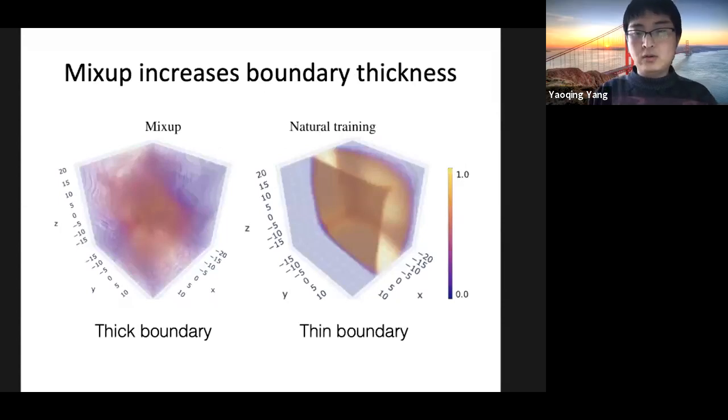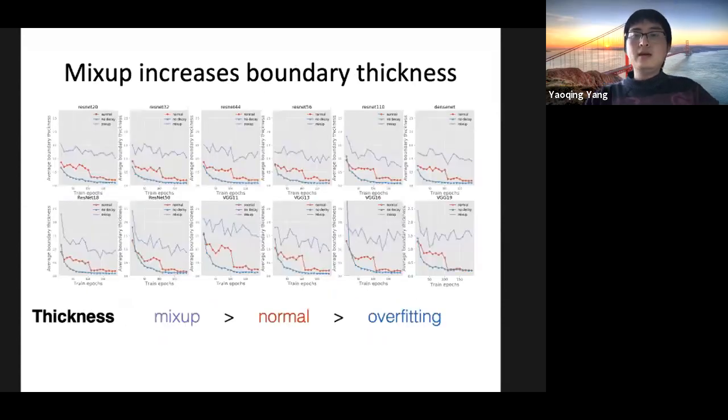Okay. So then I'm going to show you some measurements of the thickness of different neural networks. The purple ones are trained using Mixup. The red ones are neural networks that are trained in a normal way. And the blue ones are those trained without weight decay or L2 regularization.